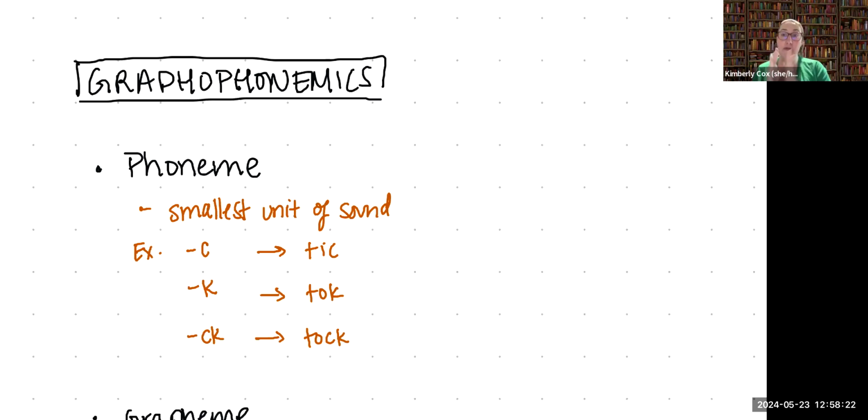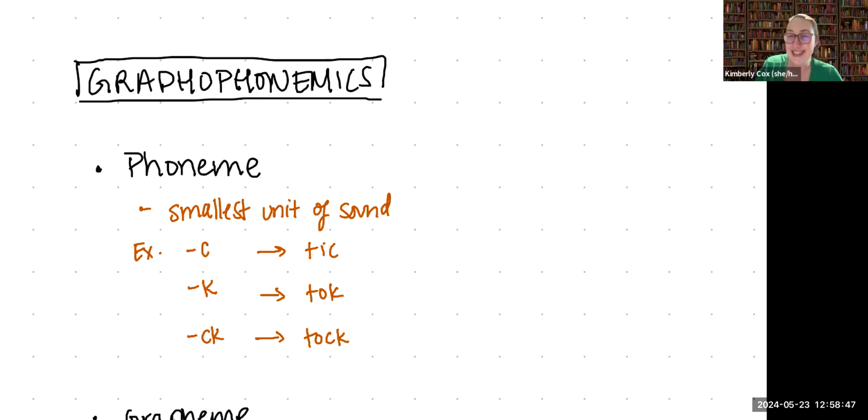Either way, all of them have the same phoneme, which is "k." So it's hard sometimes to represent sound because our alphabet is not phonetic. But phonemes are those smallest units of sound. So the sound is what we're talking about when we're talking about a phoneme.